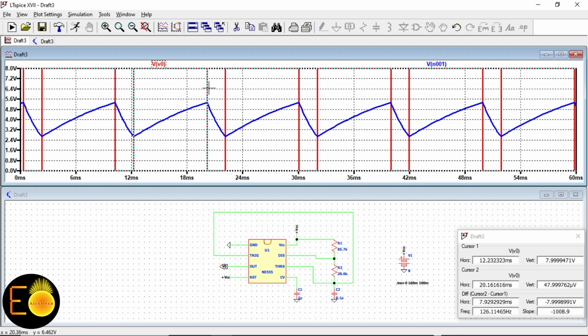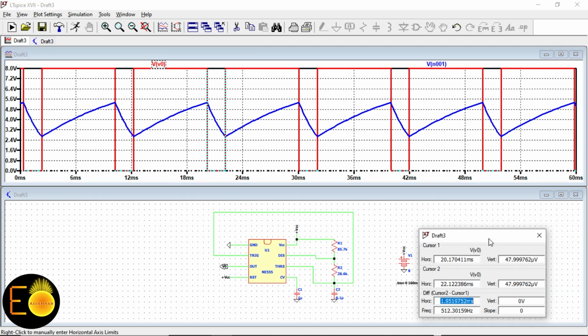So the result is good enough. And if I check the off time, it should come 1.952 millisecond, almost close to 2 milliseconds. So it's fair enough for our design.